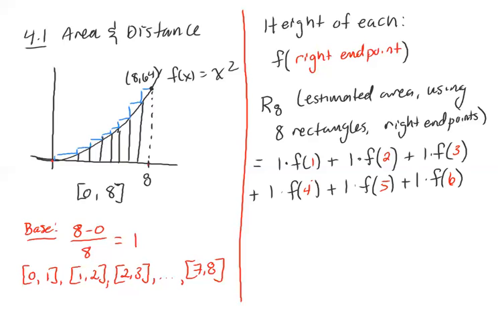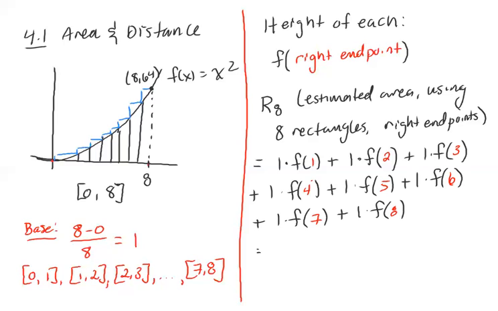We have 6 rectangles so far. Plus 1 times f of 7. That's the 7th rectangle. And then plus 1 times f of 8. It's the 8th rectangle. I need to find what f of 1, f of 2, f of 3, etc. are.